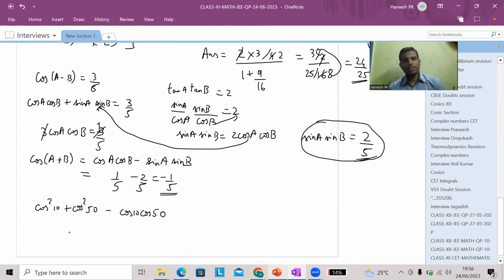We can solve this in several ways. One way probably is you can pull out cos 10 common between these two, or cos 50 also you can pull out common here. So if you pull out cos 50 common, we're left with cos 50 minus cos 10.